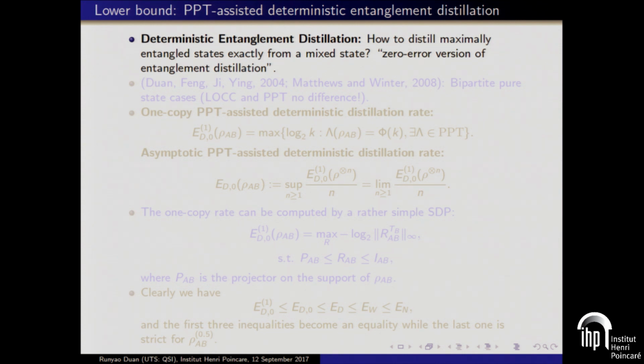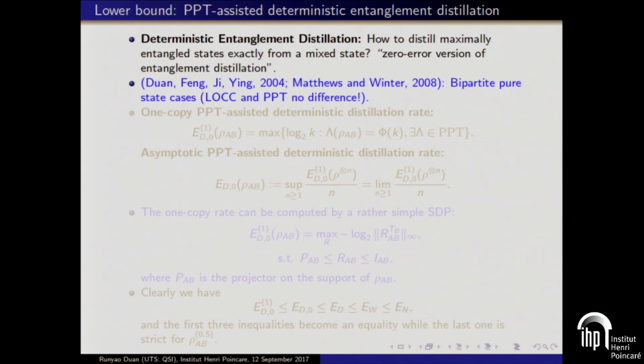So one way we provide this lower bound is to use a very special type of protocol. We consider a deterministic entanglement distillation. What we do is we don't allow any error, but we require the distillation to be precise. So here is the idea.